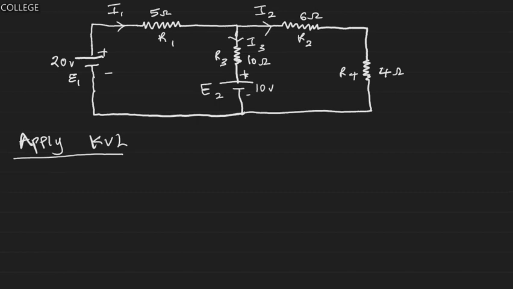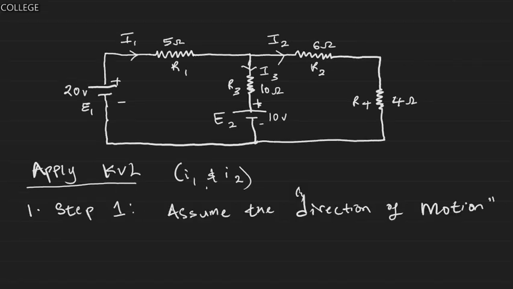For us to determine the values of I1 and I2, we need to apply KVL in these two loops. Now, the steps required to get our I1 and I2 using KVL: Step 1, we need to assume what we call the direction of motion, that is the path we want to follow to analyze the circuit.